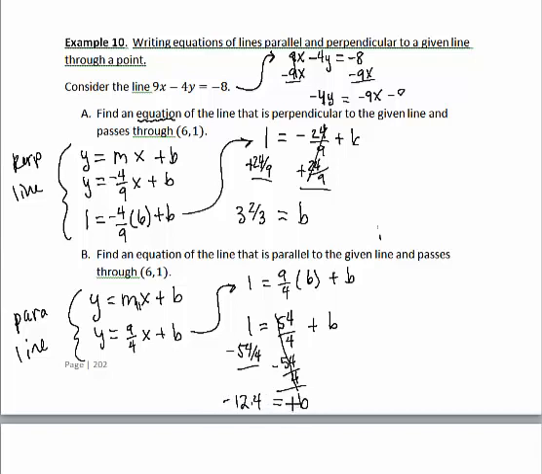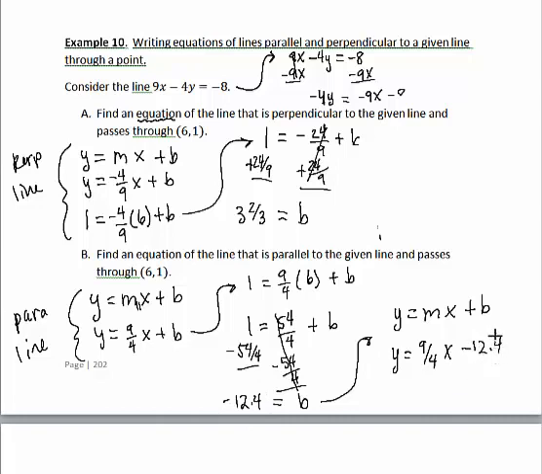And like part A, this was the last piece of the puzzle. We take the slope-intercept form of an equation. Any equation will fit this form. And now we just want to give it the slope that we need, the parallel slope, 9/4, and our specific y-intercept, -12.5.